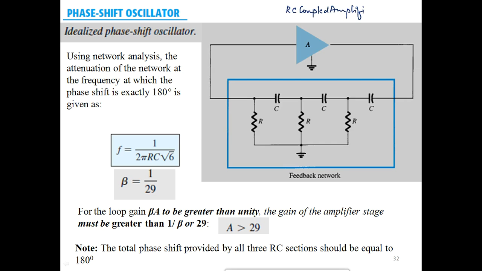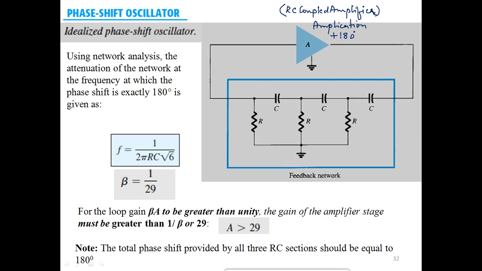I hope students know something about the RC coupled amplifier. You must have studied it in your basic electronics, a single stage RC coupled amplifier. This provides amplification plus a phase shift of 180 degrees.